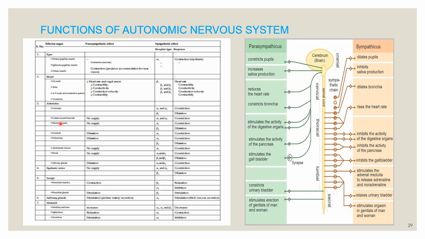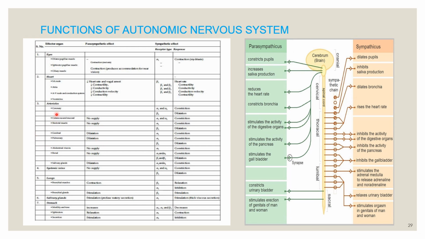Then coming to arterioles in the circulatory system. Different arterioles have different types of receptors for the sympathetic nervous system depending upon the organ they supply, and mostly they don't have a parasympathetic effect, but some do.